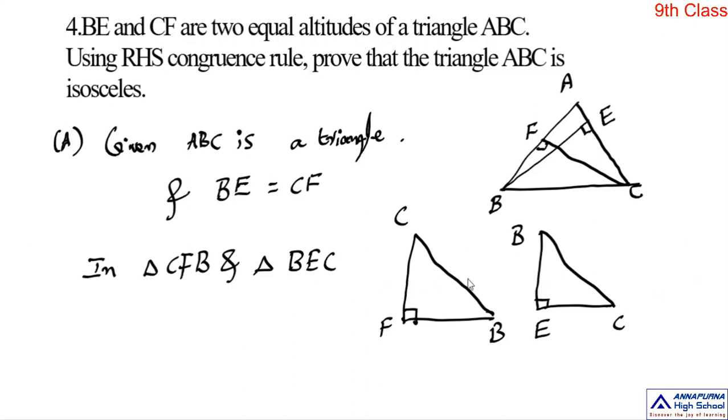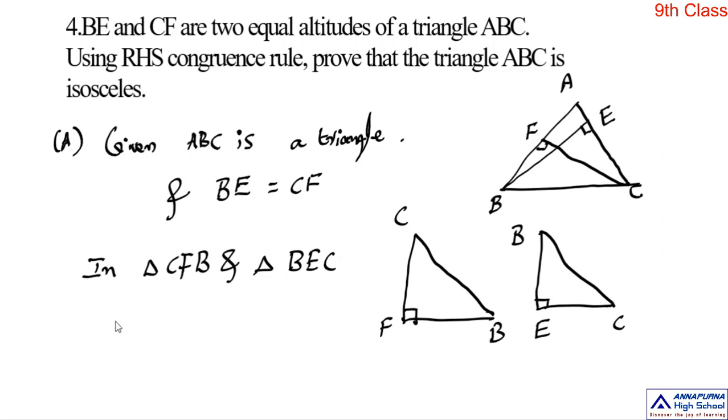Observe these two triangles, triangle CFB and triangle BEC. Angle CFB is equal to 90 degrees and angle BEC is equal to 90 degrees because BE is perpendicular to AC and CF is perpendicular to AB. BE and CF are two altitudes.